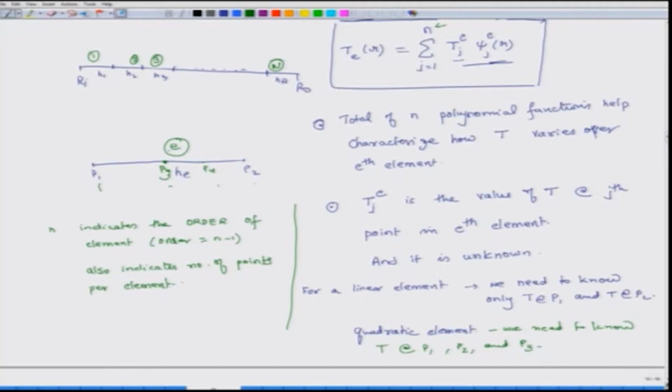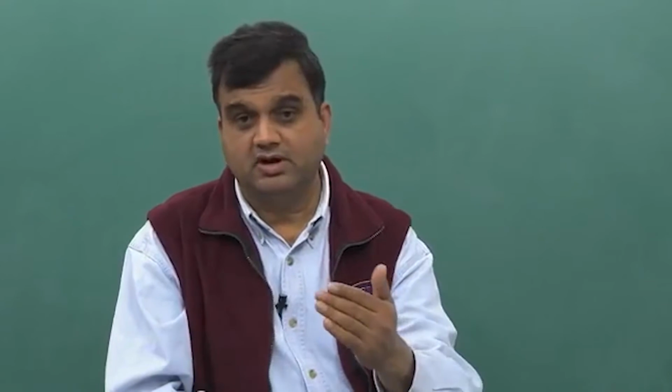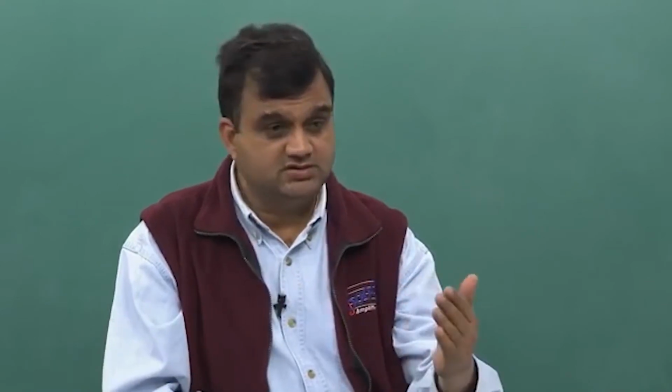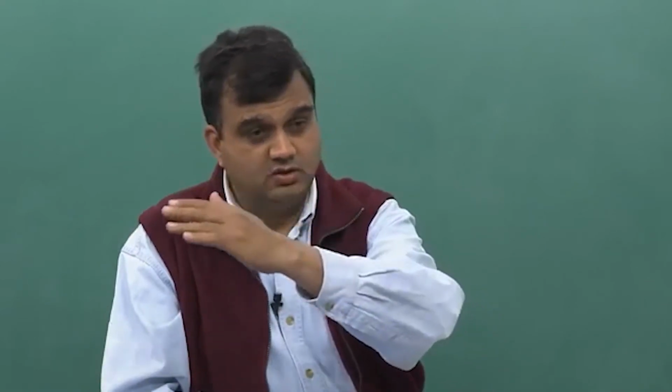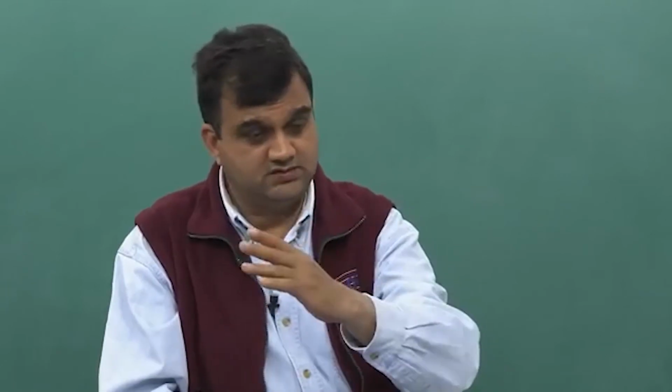So n indicates how many points we will have on the element, and n will also help us determine the order of the element. In finite element codes, if you explore, you will say, oh, it's a quadratic element. It means that the function or the unknown is varying in a quadratic way over the element. That is what it means.